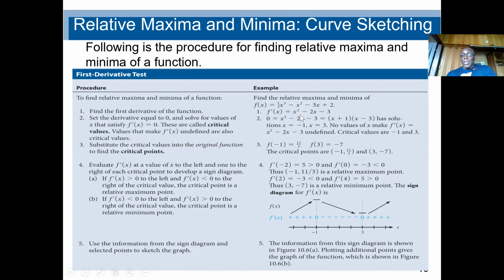For example, if I have the original function, 1/3 s cubed minus s squared minus 3s plus 2 divided by s squared minus 1, then I may likely get an undefined value. The function will be undefined if the denominator is s squared minus, let's say, 4, and s equals 2.